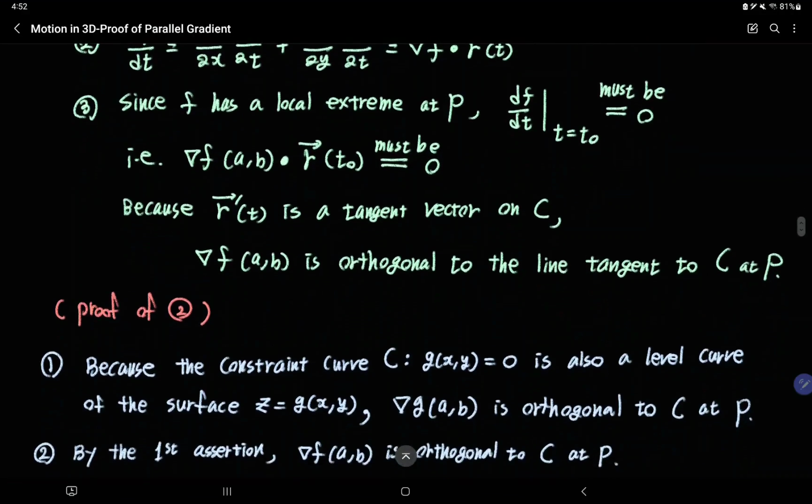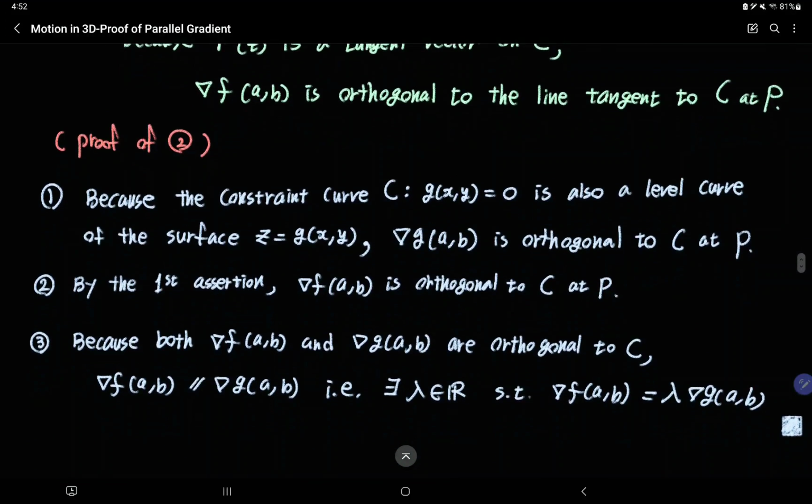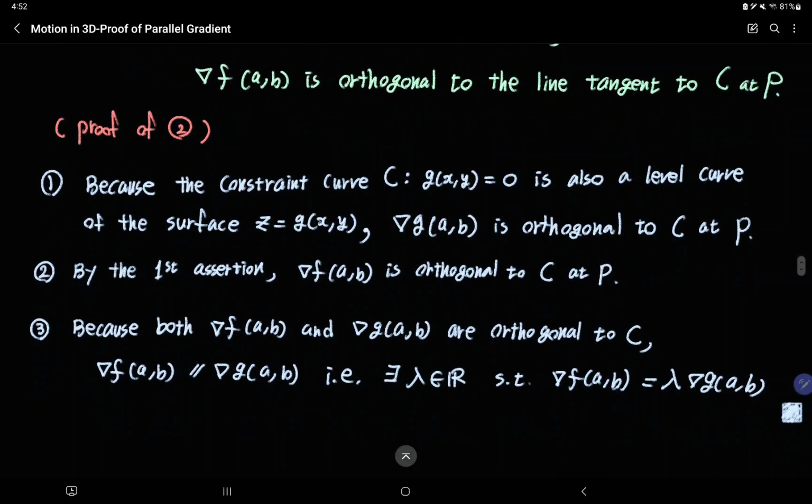Let's see the proof of the second assertion.